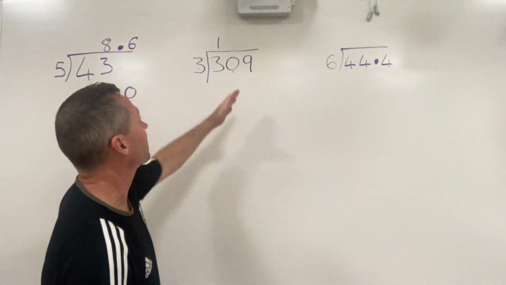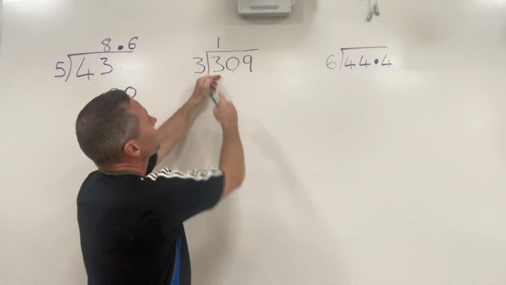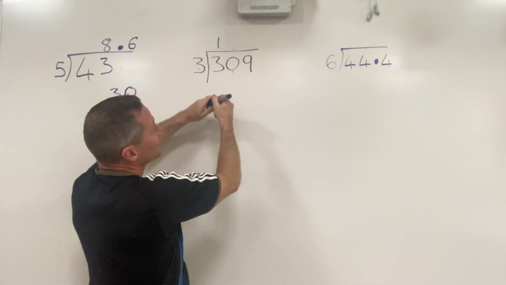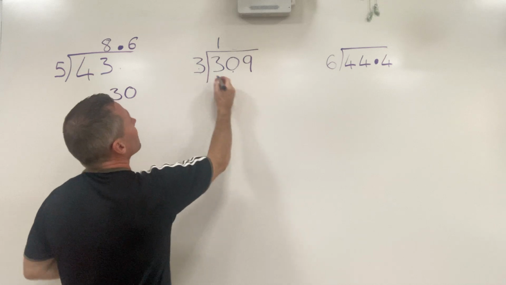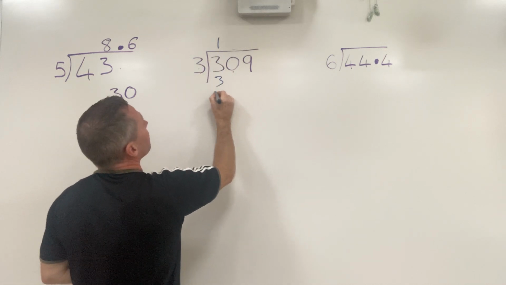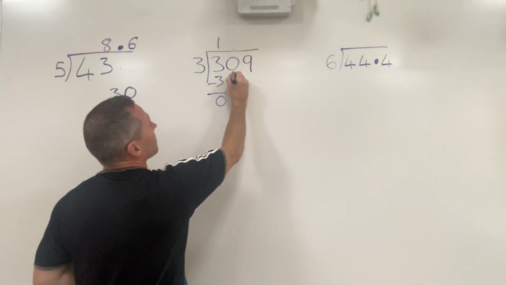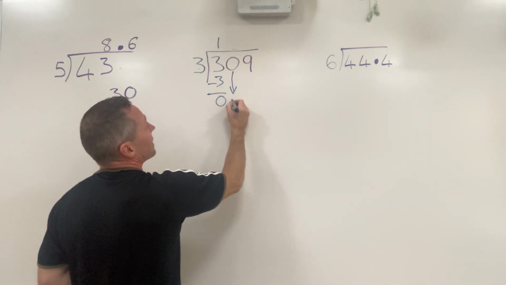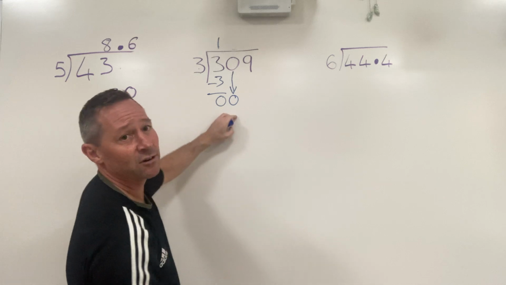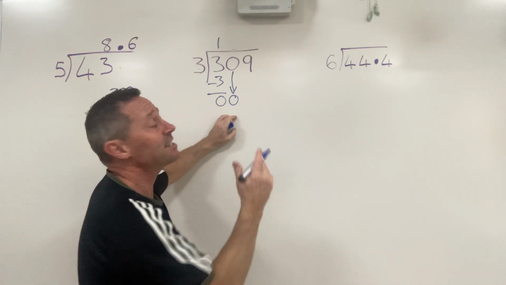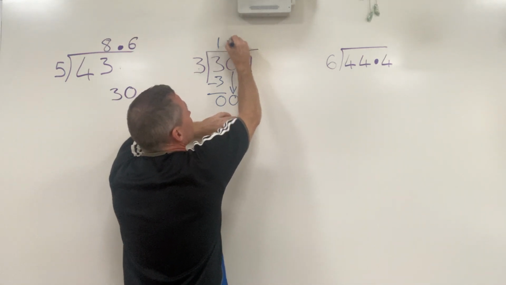If we come back a step, 1 times 3 is 3. 3 minus 3, and I'll just do the long division so you can see this. 1 times 3 is 3, minus leaves 0. Normally you bring this one down. Can 3 fit into 0? No. So you actually have to put a 0 there.